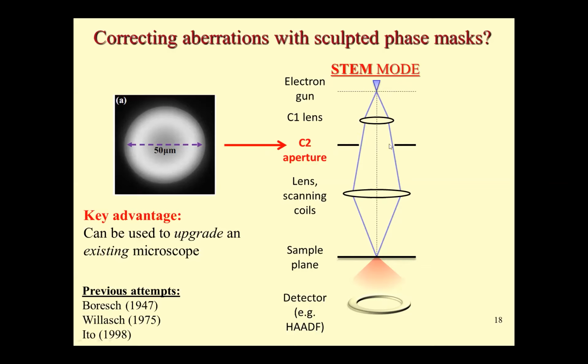And this phase mask should just cancel the aberration of the objective lens. Now, I should say we are not the first to think about it. You can see some previous attempts by Boersch, Willasch and Ito over the years. And in fact, all of them failed. And I think they failed because the technology, meaning nanofabrication technology, was not available at that time.